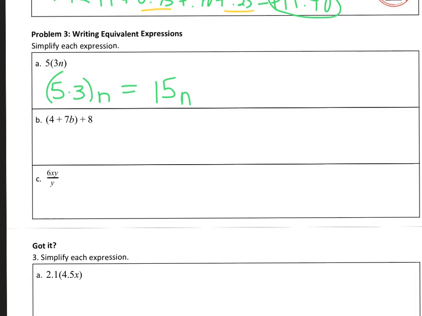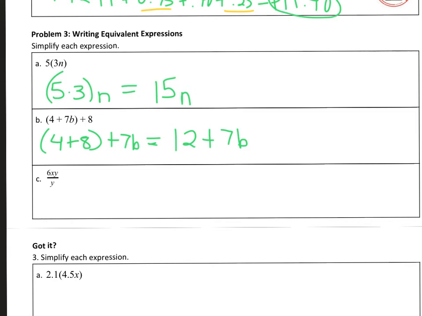For B, I'm going to use my commutative property. I'm going to swap the places of 7b and 8. I can do that because the order doesn't matter in addition. So I can rearrange this to be 12 plus 7b. And I'm set. Okay? And then the next one, C, it's a little bit different, but it's still multiplication on the top there.